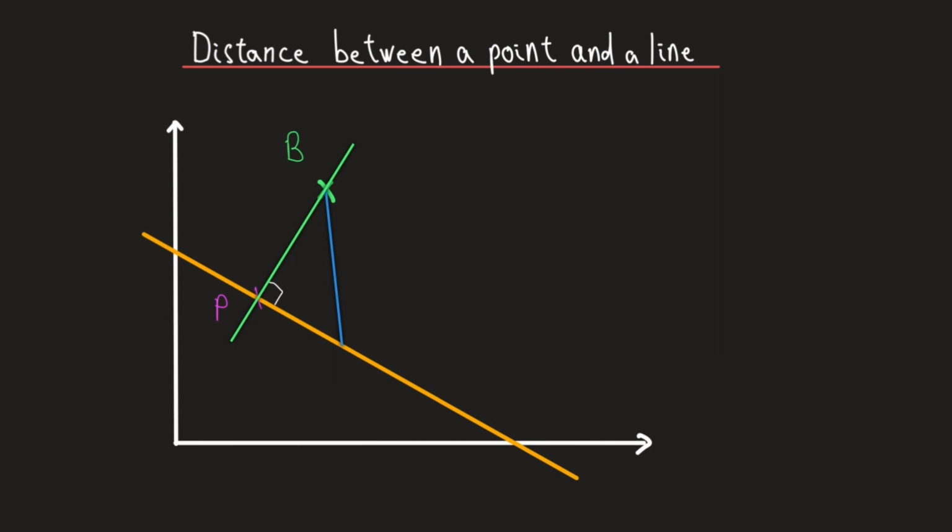And the shortest distance is actually the length of the segment joining these 2 points. And visually we can see that the length of the segment BP is shorter than the blue segment over here. And so the segment that is associated with the line that is perpendicular to our orange line will always be the shortest distance between the point and the line.